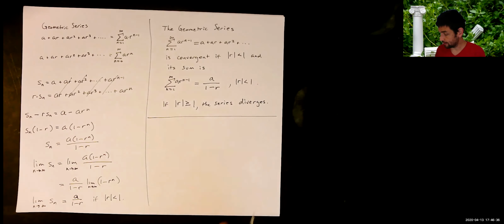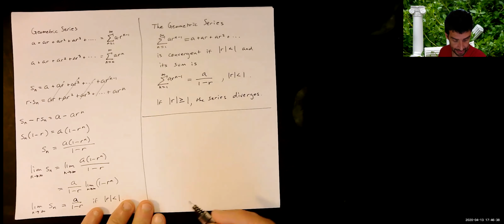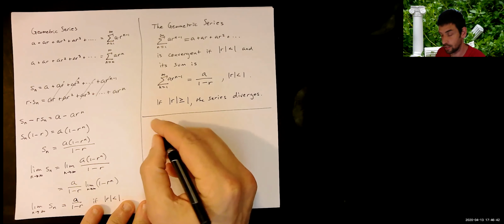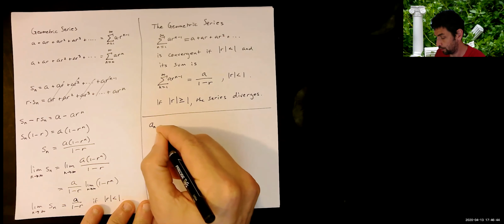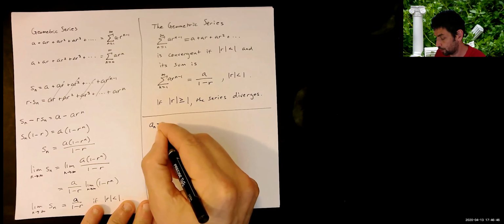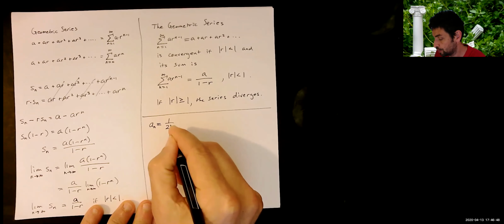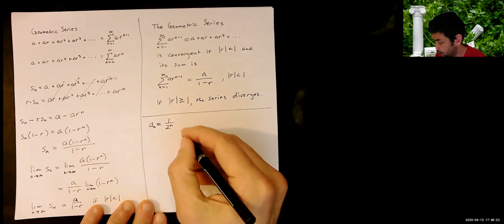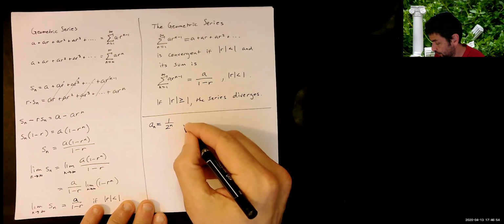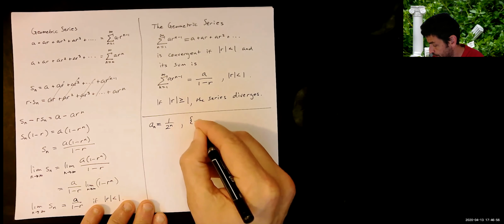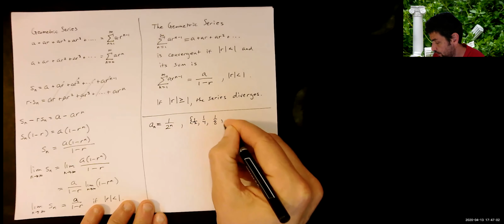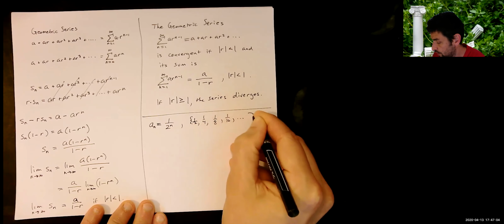So for instance, let's take a quick look at this series. Well, let's start with the sequence 1 over 2 to the n. We've seen this one already. This is the sequence 1/2, 1/4, 1/8, 1/16.